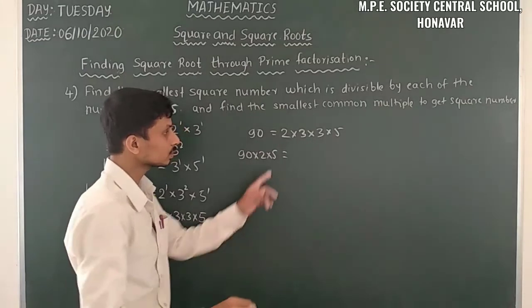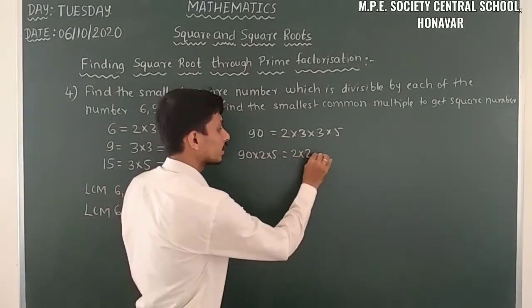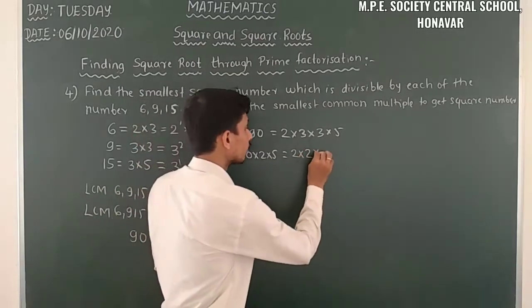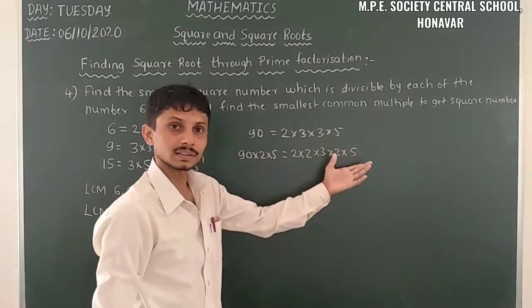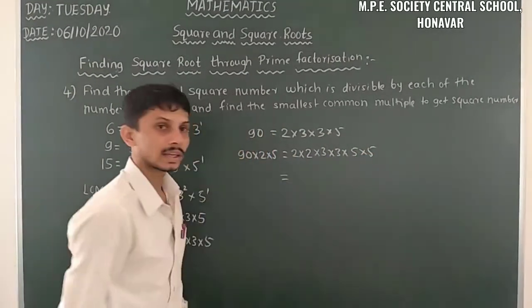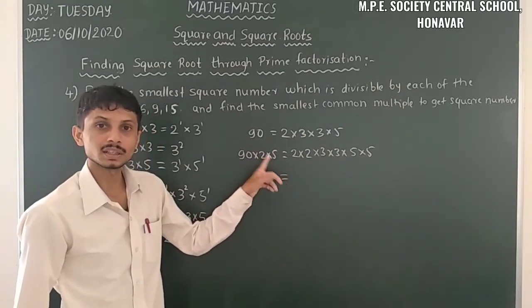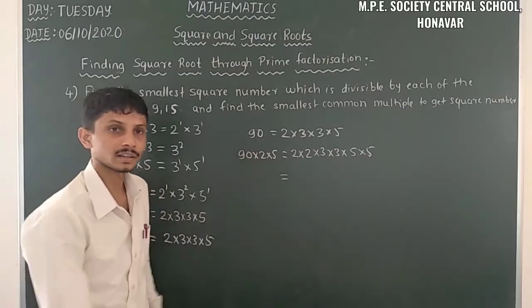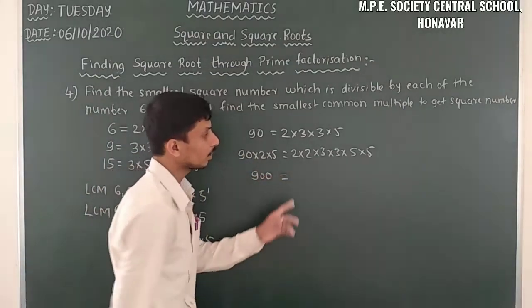When we multiply by 2, we have a partner for 2, and when we multiply by a 5, we have a partner for 5. So then we can group. Here, 90 into 5 into 2 means 5 into 2 is 10, 10 into 90 is 900.